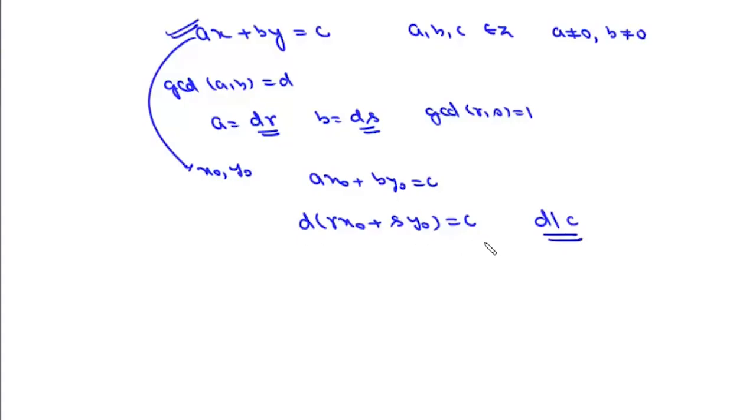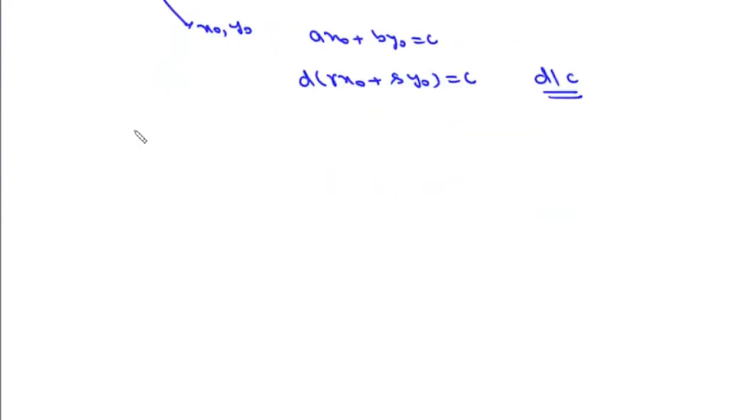Now how do we find its general solution? Once we have any particular solution, say x0 and y0, we need to find another solution. And for that, suppose the other solution is x dash and y dash. Now we can write ax0 plus by0 equals c, and it must be equal to a x dash plus b y dash.